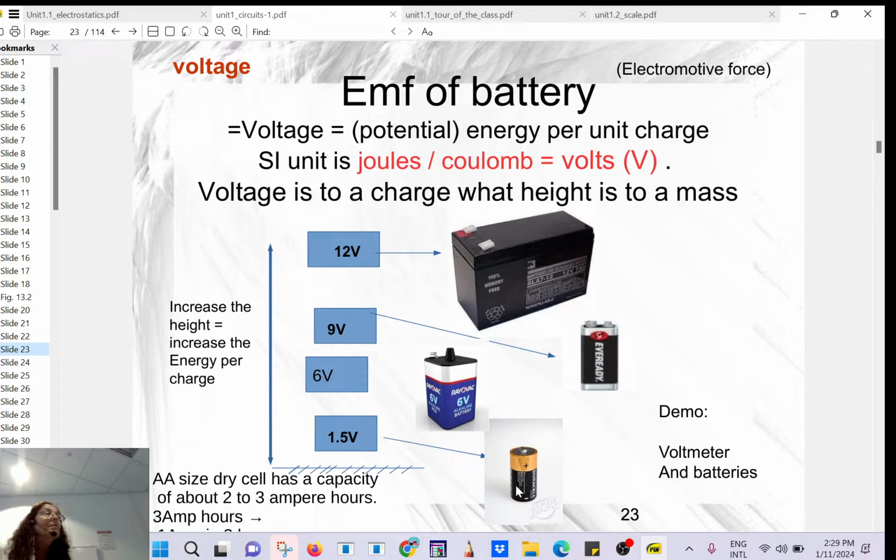The big one will have the same voltage as the AAA, but it will be able to produce more current. So for the same voltage, if you have more current, that means more power. Why is that? It has to do with the chemical reaction going on inside. You have more juice and more stuff inside, so you're going to produce more current even though the voltage is the same.